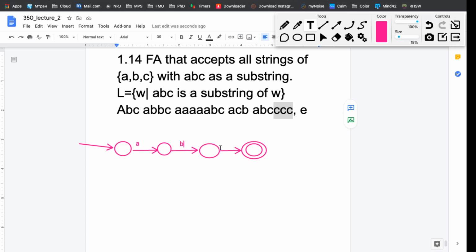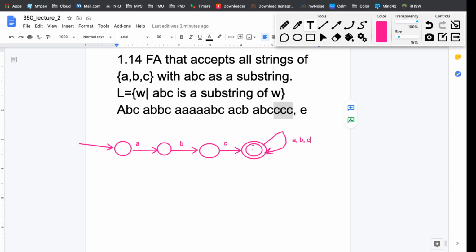Whatever goes after ABC, we'll definitely accept, which means again it is a trap state, so we loop on all the symbols A, B, C. The start state is not accepting, and this state is accepting.